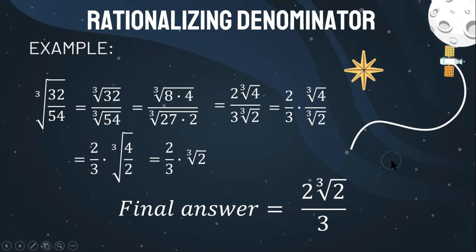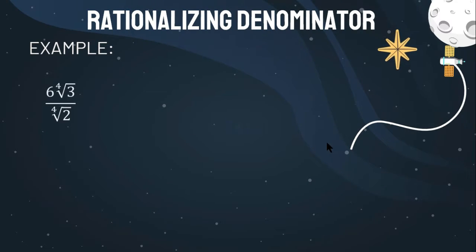Next example. 6 fourth root of 3 over fourth root of 2. Okay, since this is a little bit challenging, I just change the form of our expression. From radical expression, I change it to rational exponent.